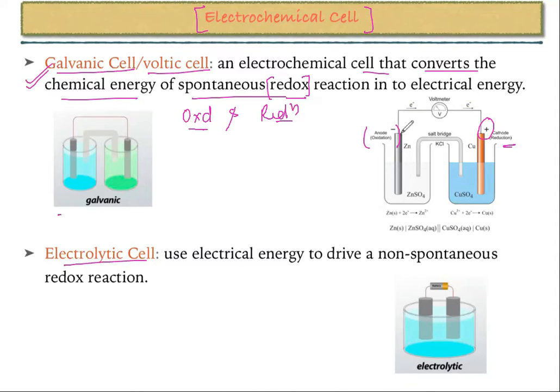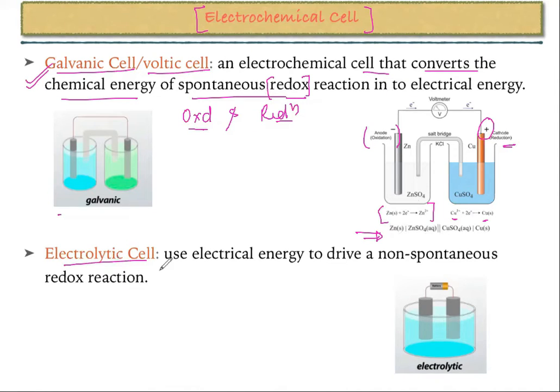Remember, electrons flow from anode to cathode. This is the half cell reaction, where zinc is converted to Zn2+, and this is another half cell reaction, where Cu2+ is converted to solid copper, and this is the cell reaction. In the further slides, we'll completely discuss what these half cell reactions are, how to write half cell reactions, and how to write the EMF and cell reactions. This is just to give you an idea.